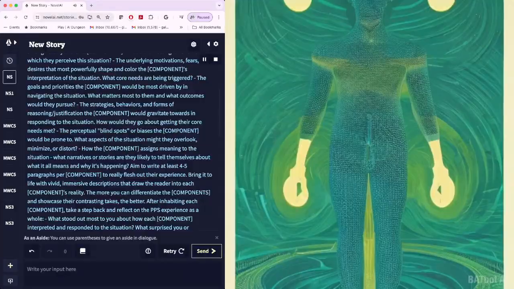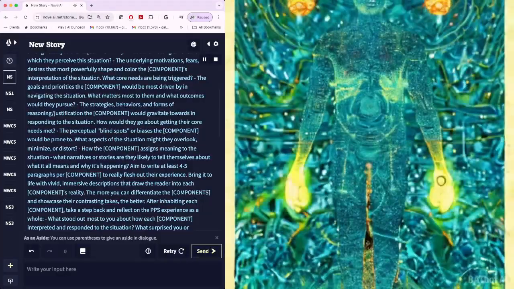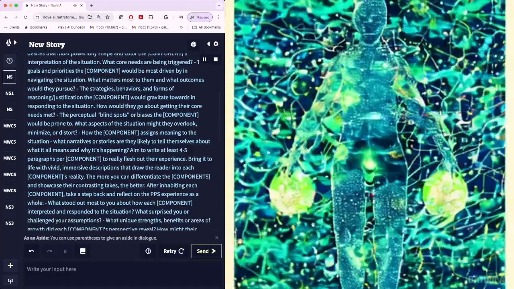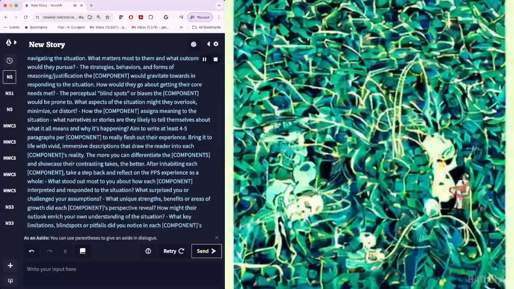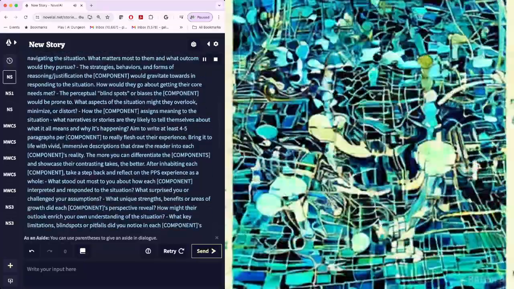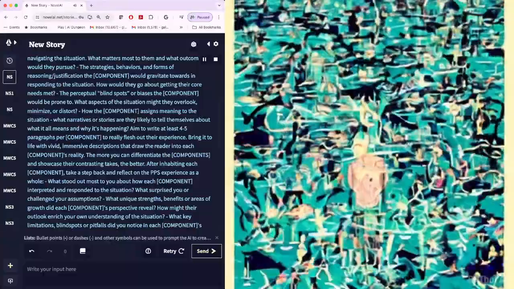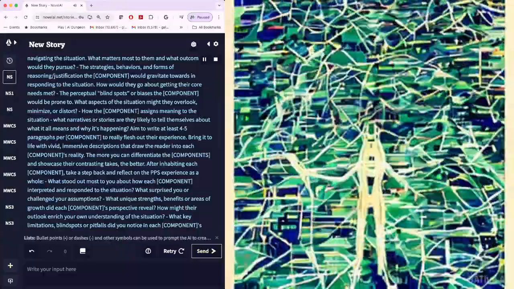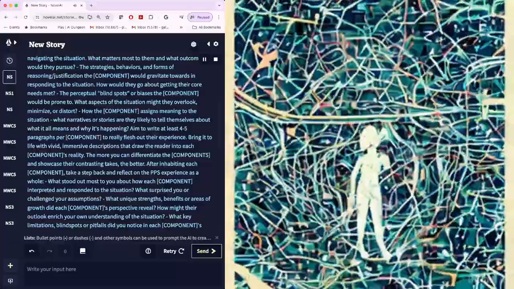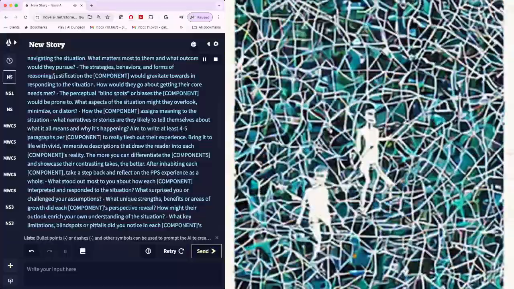After inhabiting each component, take a step back and reflect on the PPS experience as a whole. What stood out most to you about how each component interpreted and responded to the situation? What surprised you or challenged your assumptions? What unique strengths, benefits, or areas of growth did each component's perspective reveal?